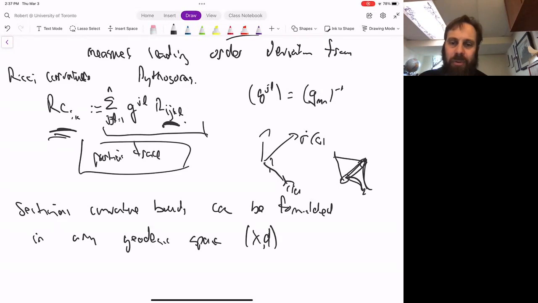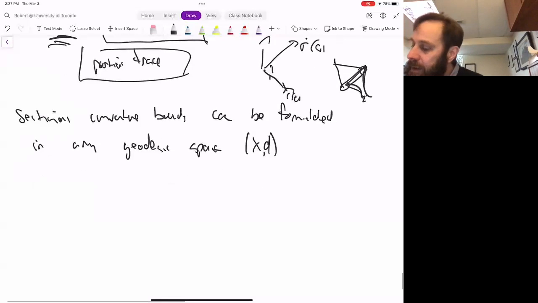And my geometry friends tell me that in all the important theorems in geometry, when you need upper curvature bounds, you usually need upper bounds on the sectional curvature. But when you need lower curvature bounds, usually lower bounds on the Ricci curvature suffice. So in other words, you could assume lower bounds on the sectional curvature, but that's often strong. That's more than you need. What you typically need are lower bounds on these averages that make up the Ricci tensor.